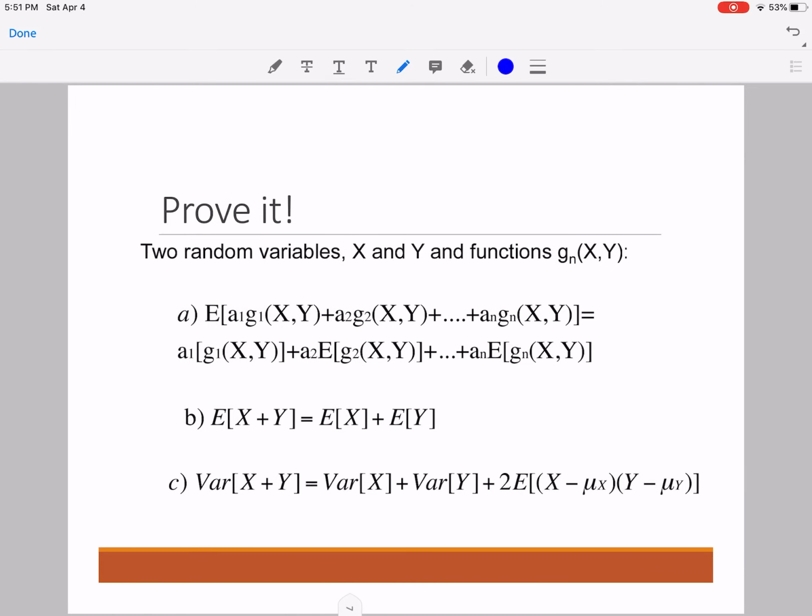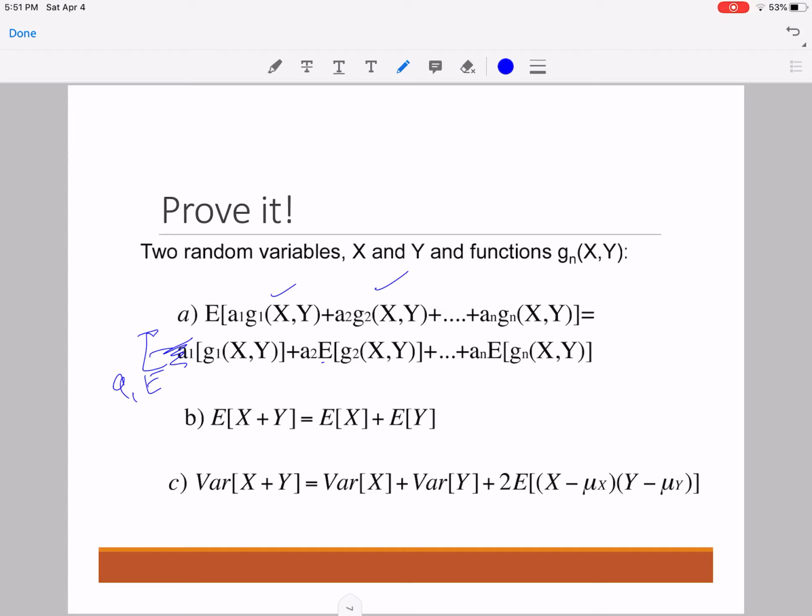Then there are some properties with respect to the expected values. So for example, the expected value of a1 times g1 plus a2 times g2 and so on can be written as a1 times the expected value of g1 plus a2 times the expected value of g2, and so on and so forth.